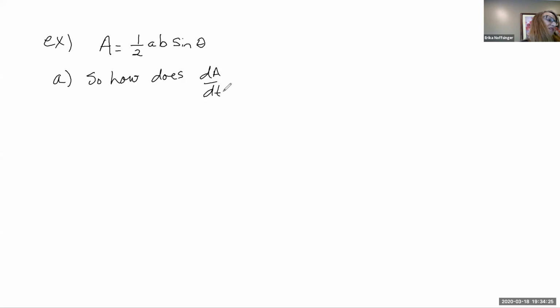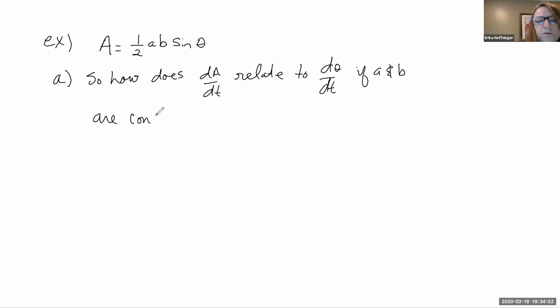So how does the derivative of the area with respect to time relate to the rate of change of our angle if a and b are both constant? So this one shouldn't be bad at all.